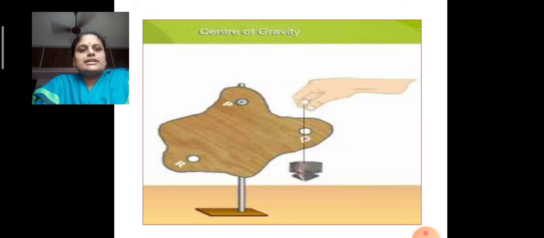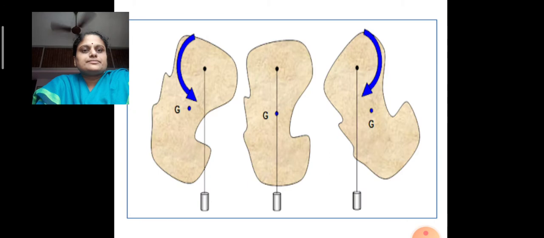Draw the vertical line through the hole where the weight is hanging. Now, let us hang the same weight through the different holes and mark the vertical line of the thread. Then we can see that these lines coincide at a particular point, and that point will act as the center of gravity.